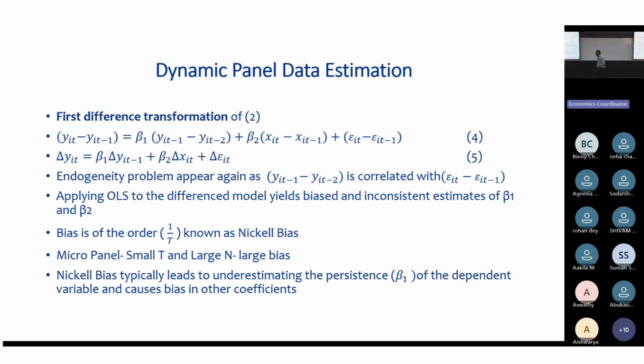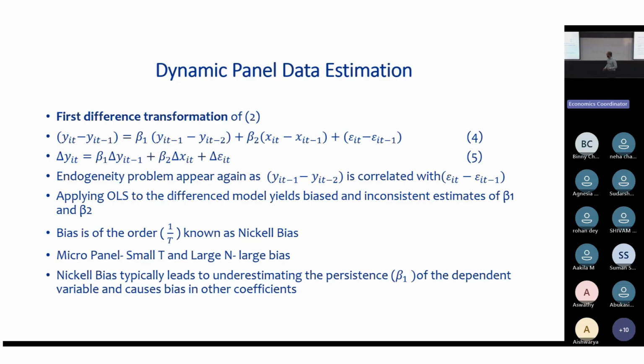So what happens here is that when there is Nickell bias, we tend to underestimate the persistence of beta 1. So what do you mean by persistence? There are two types of persistence that we talk about, of a correlation that is leading to some kind of persistence.